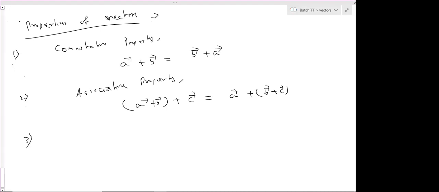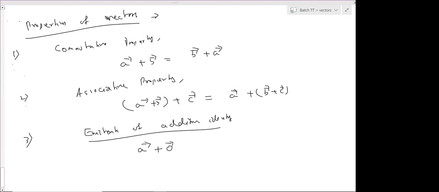All right. Existence of additive identity. What is additive identity? If you add this one vector to another, the result will not change. And we remember the null vector, right? Zero vector.